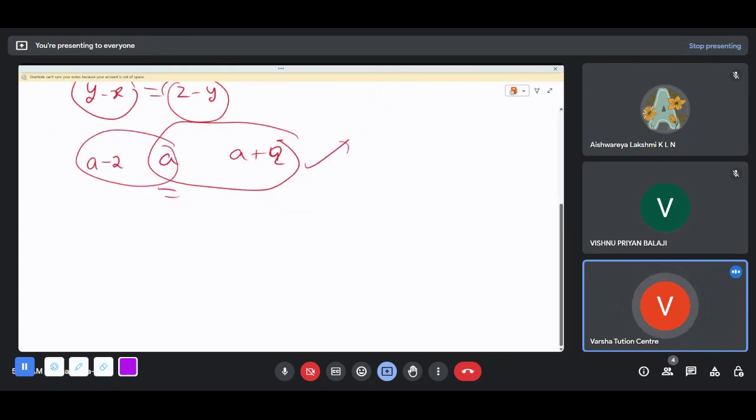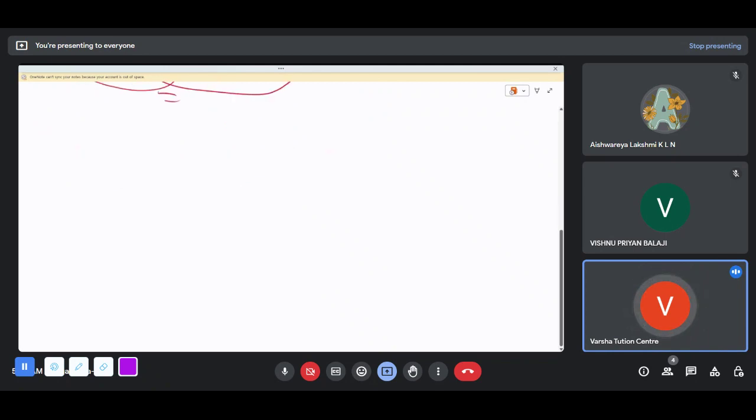Till now we said how the terms of AP will look. The first term we represent as A. The second term will be a little more than A, so it will be A plus D. Now check the difference between these two: A plus D minus A, A cancels, so the difference is D. The next term is A plus 2D.